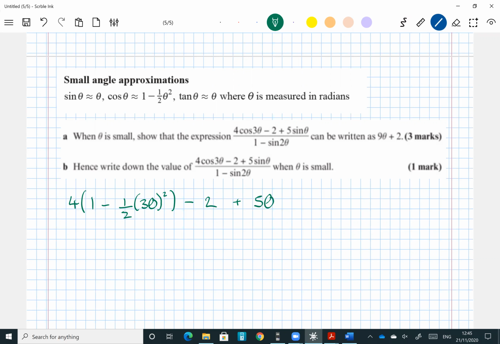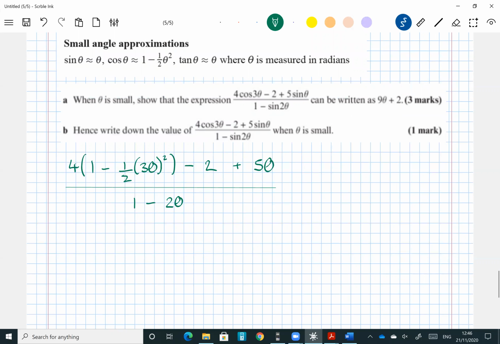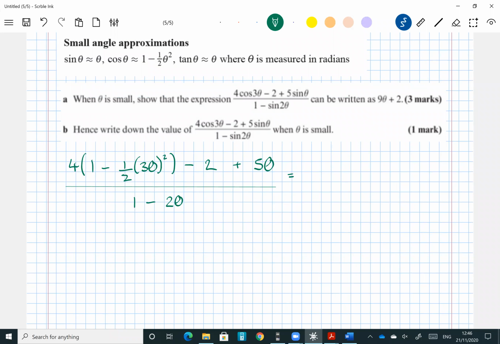All divided by 1 minus, and sine of 2 theta approaches just 2 theta. So then have a go at simplifying that. So equals, multiplying out the bracket, 4 minus, so a half of 3 theta squared, 4 lots of a half of 9 theta squared.